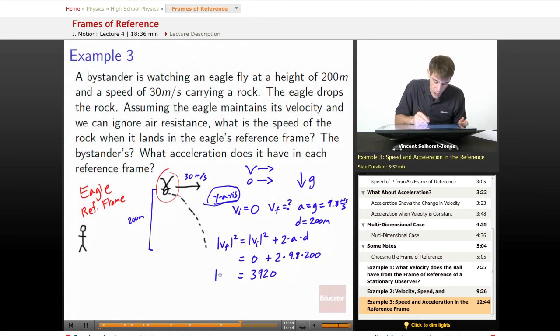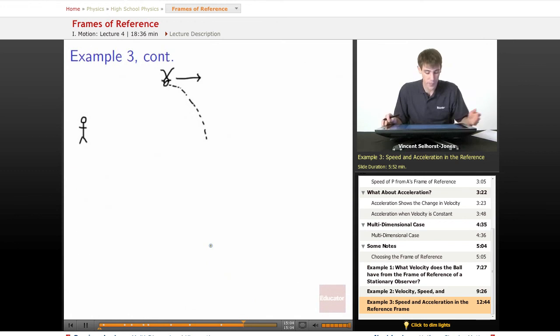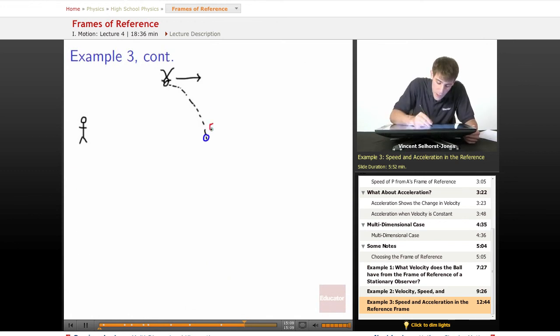We take the square root of that, and that gives us that the speed is going to be equal to 62.6 meters per second. And that tells us what speed the rock is moving at the instant it hits the ground.